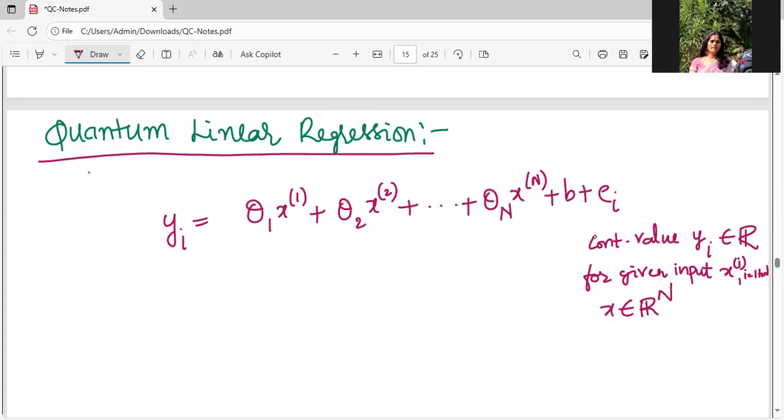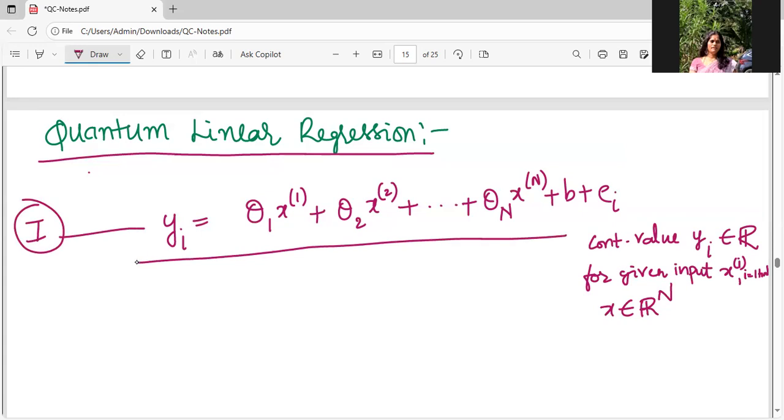Now in linear regression, we consider the output to be a linear combination of the input features. That is represented by this equation, which I'll call 1. It is a linear combination of the input features with some irreducible error component. Of course, I'm writing it in terms of n terms only; there can be n plus 1, n plus 2, and so on.